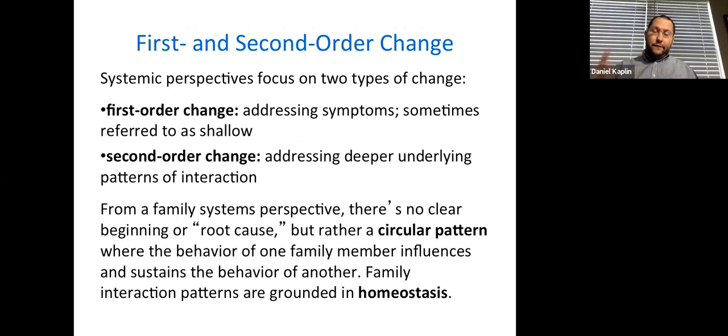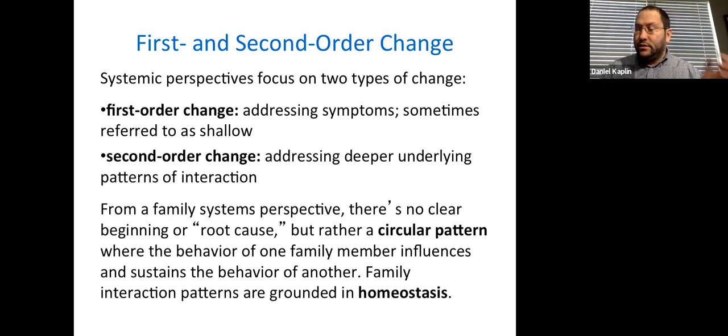So when we talk about first order change, we're directly addressing your symptoms. So in therapy, if someone says, I'm stressed out, I don't have a job, and you say, well, have you considered going on Indeed? Well, that would be addressing the stress around the job directly.